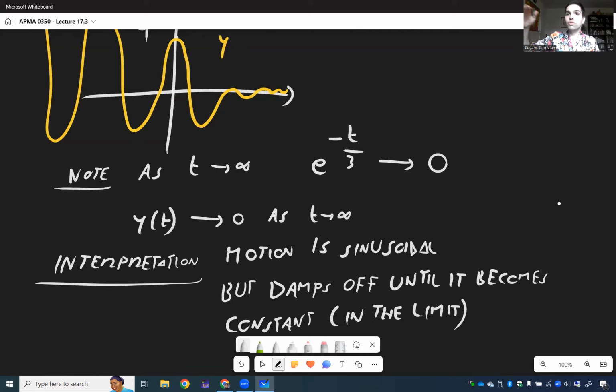And again, this is due to friction. Due to friction, the motion slows down. And in the end, in the limit, you do reach the equilibrium position.